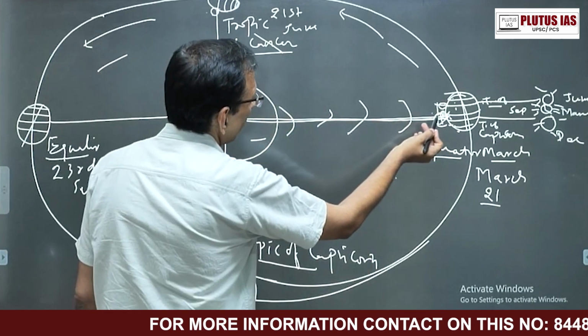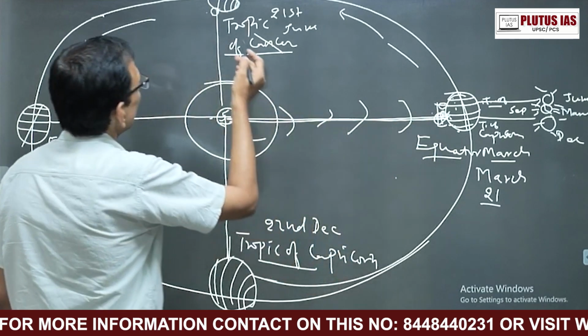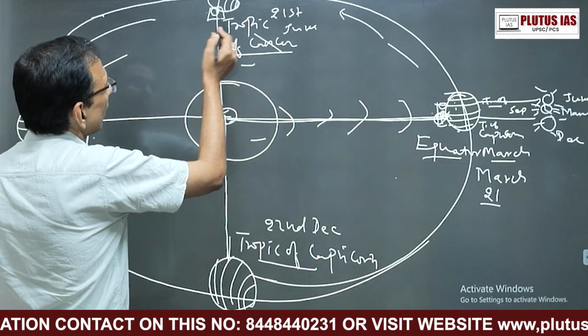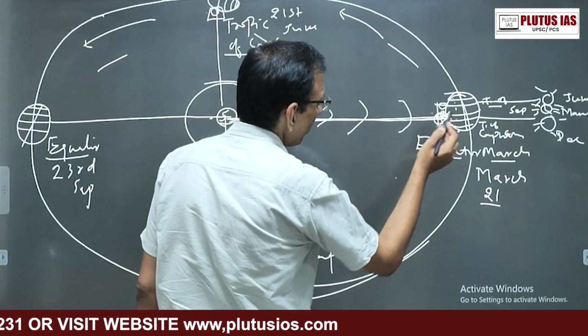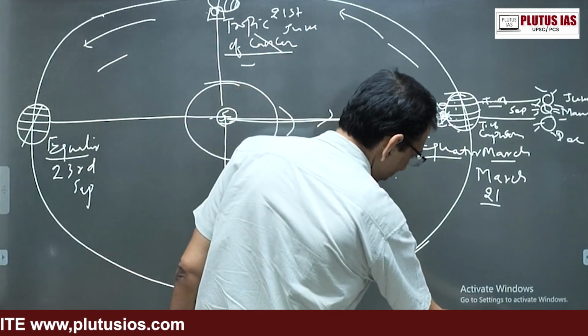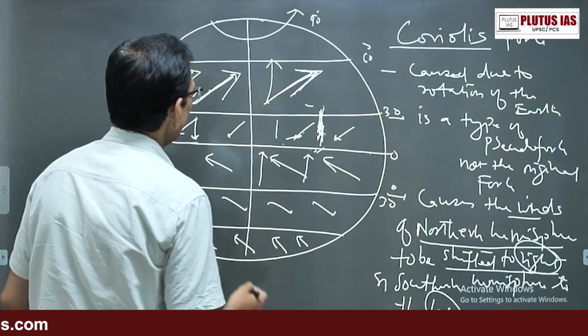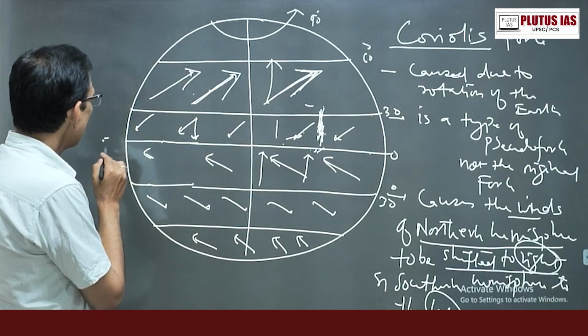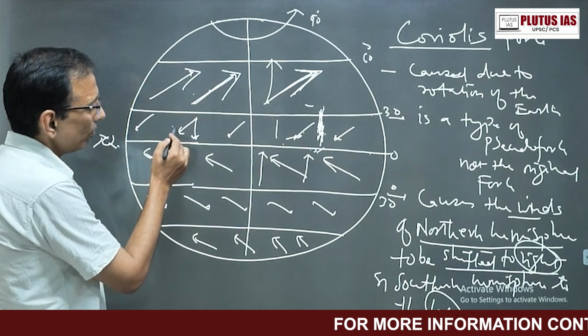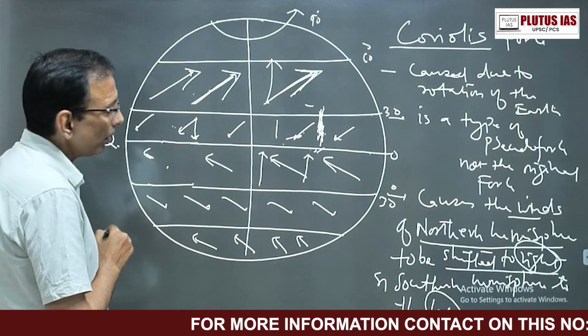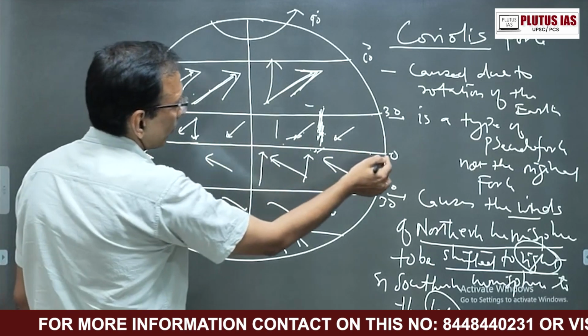So when the low pressure region of the equator shifts to the Tropic of Cancer, the wind of the southern hemisphere, see here, when the Sun appears over the equator, this is the position of the trade wind, to be found between 0 to 30.